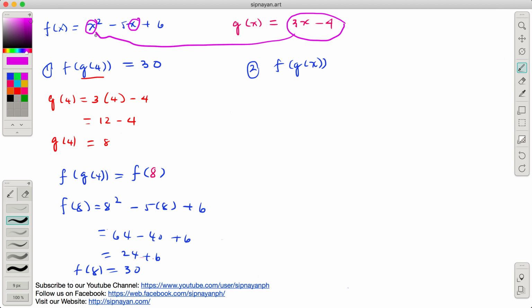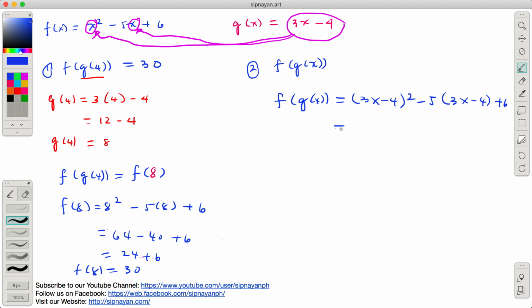So f of g of x is equal to 3x minus 4 squared minus 5 times 3x minus 4, and then I have a plus 6 here.